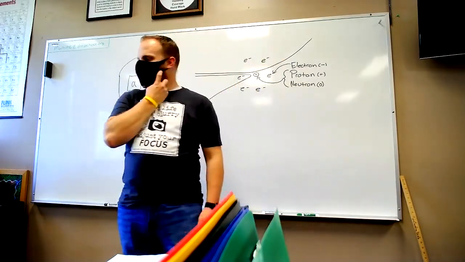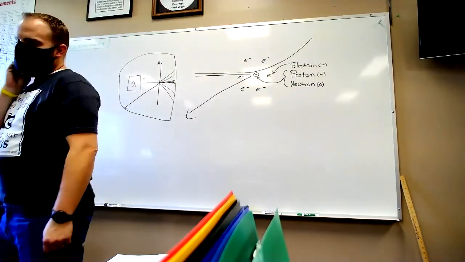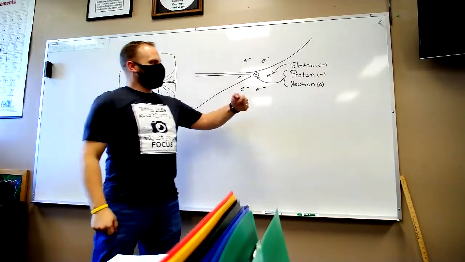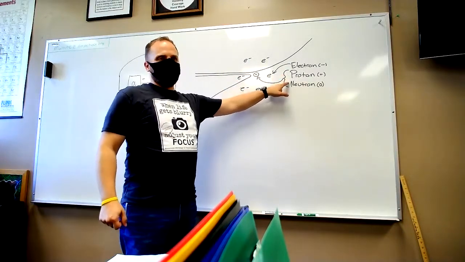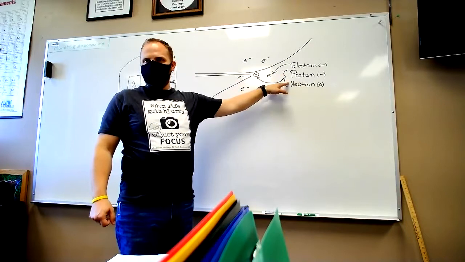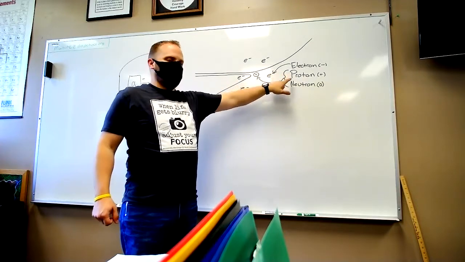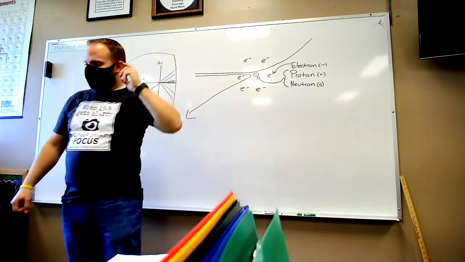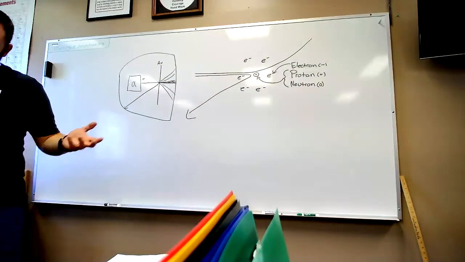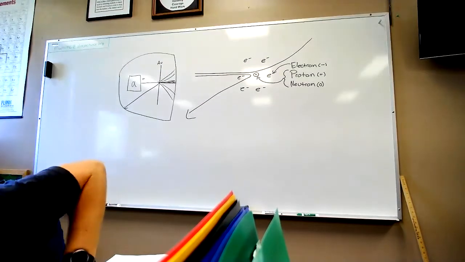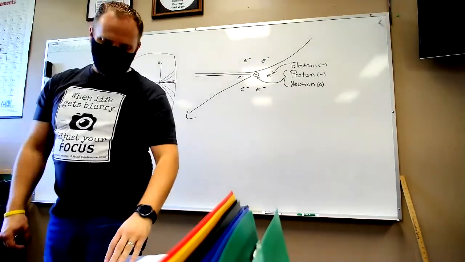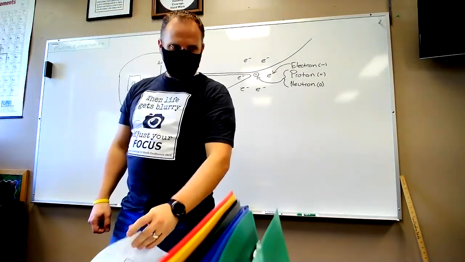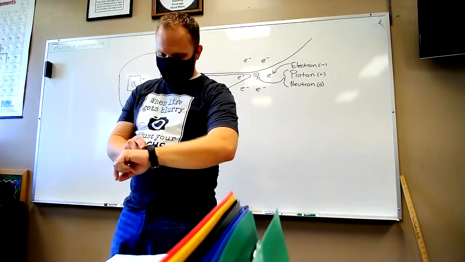We're still trying to figure it out. And honestly, as we have done more research, we figured out that protons and neutrons are actually made up of even smaller particles. If you smash these, you can break them up into smaller pieces. But we're not really going to get into that because that's very, very complicated.